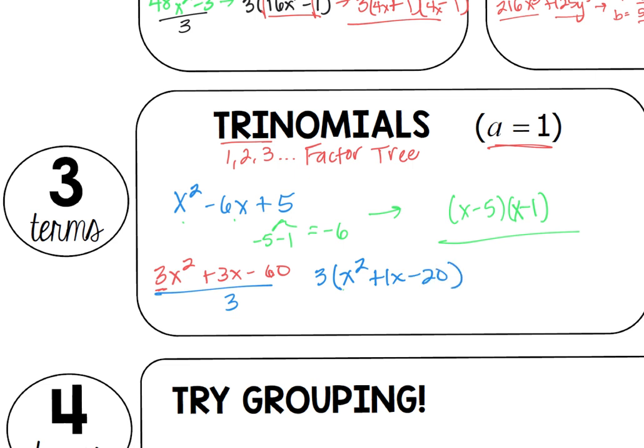And now that we've gotten rid of the number in front of x squared, we can do 1, 2, 3 factor tree. What multiplies to negative 20 and subtracts to positive 1 would be 5 and negative 4. So in factored form, this would look like 3 times x plus 5 times x minus 4.